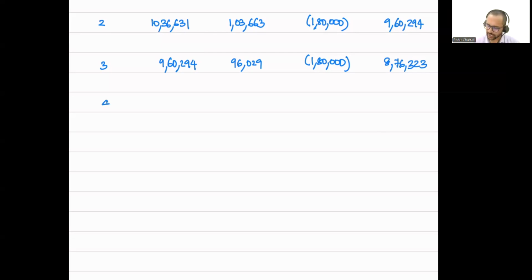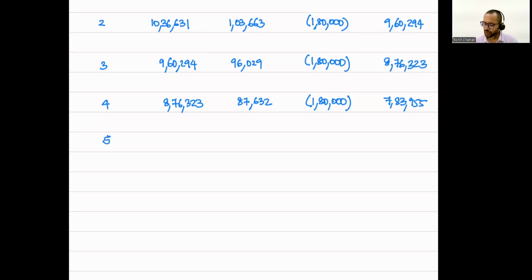For year 4, again, my beginning balance will be 8,76,323. 10 percentage of that will be 87,632. I then have payment of 1,80,000. All right, and then that gives me a closing balance of 876,323 plus 87,632 less 1,80,000, which is equal to 7,83,955. This is the closing balance at the end of year 4.